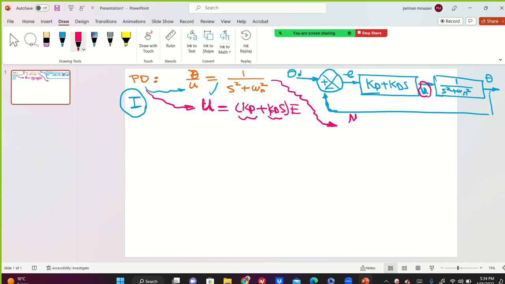The maximum overshoot, if I remember correctly, because I'm teaching from my mind, was 25%, and the peak time was 0.2 seconds, right? So based on this, we designed Kp and Kd in the previous classes, and we simulated in MATLAB, right?